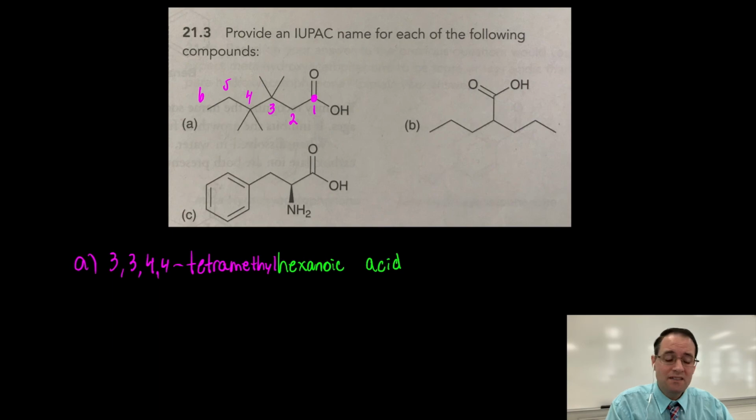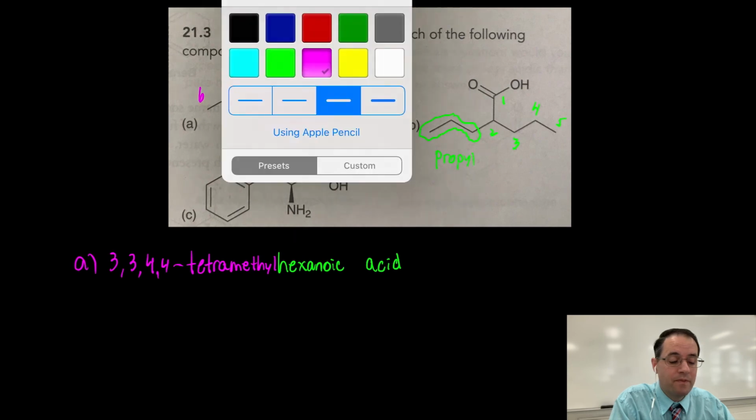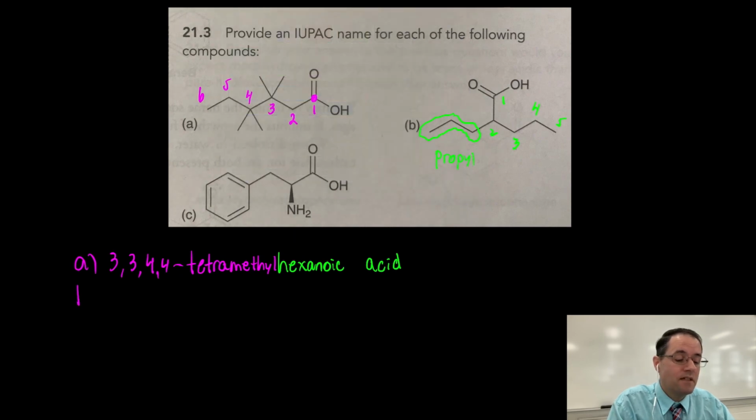Now, remember what I said. You number the longest chain starting with the carboxylic acid. If you number the longest chain, you could do it to the left or the right because they're both 5 carbons in length. So this is going to be a pentanoic derivative. This guy right here is 3 carbons. We call that a propyl group. So the name of molecule B is going to be 2-propyl.